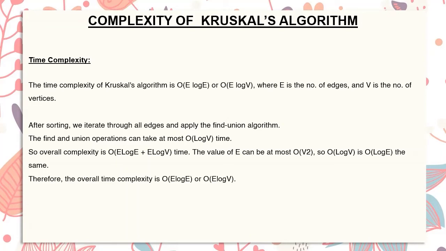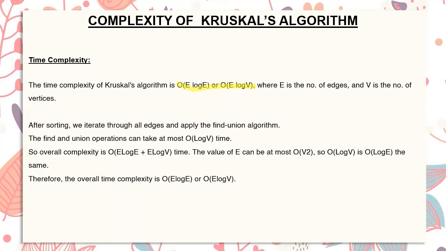Okay, now let's look into the complexity of Kruskal's algorithm and the time complexity. The time complexity of Kruskal's algorithm is O of E log E and O of E log V, where E is the number of edges and V is the number of vertices. Now let's understand how we got this complexity.